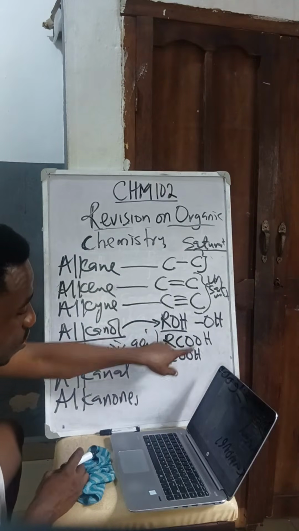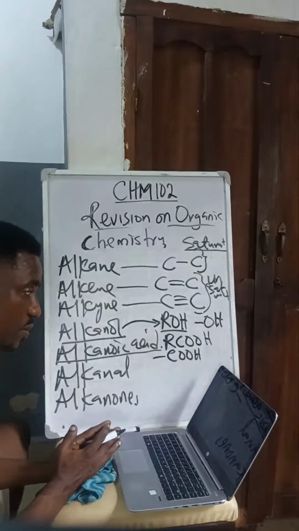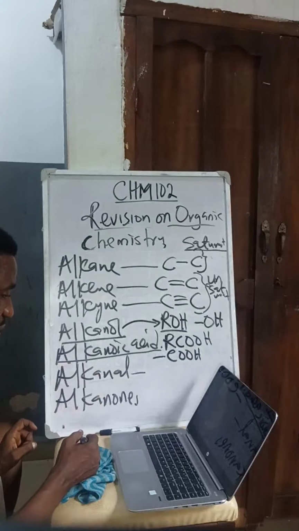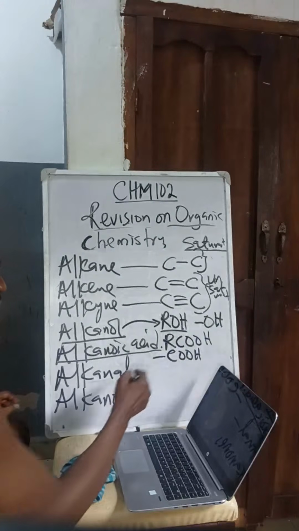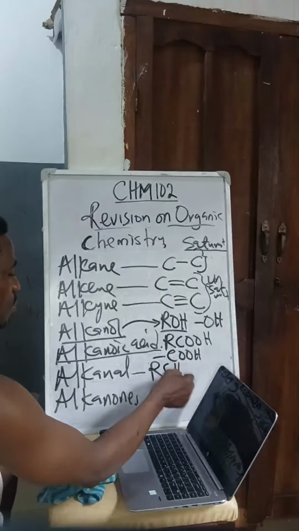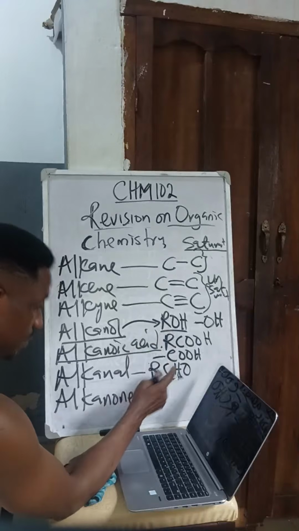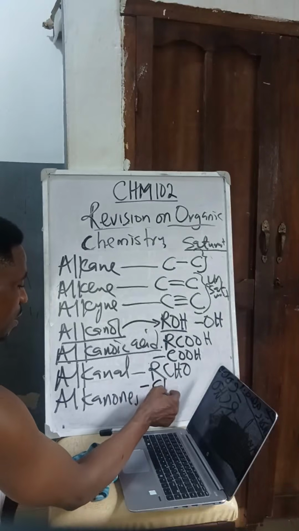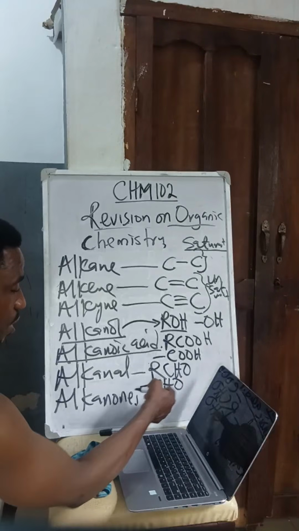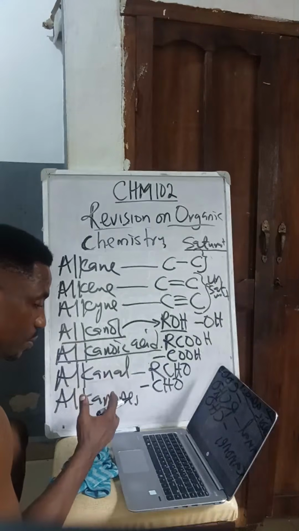You write RCOOH. You feel it comfortably. Trust Obini what he can do. Now for alkanal, we have RCHO. This is the molecular formula. The functional group is CHO, dash CHO.